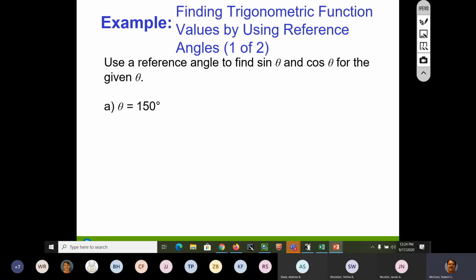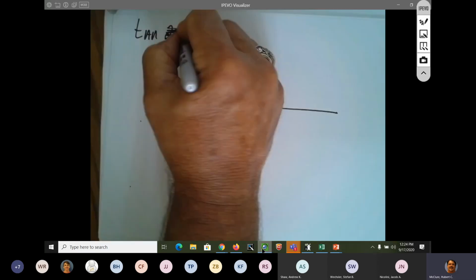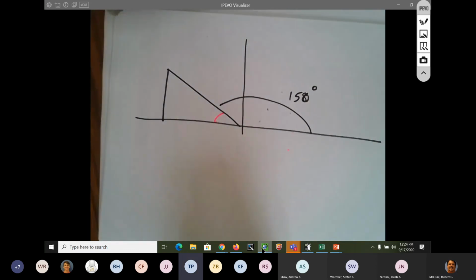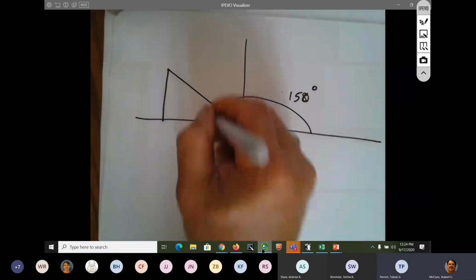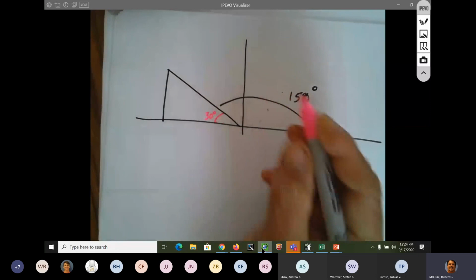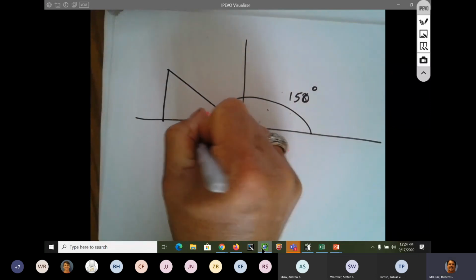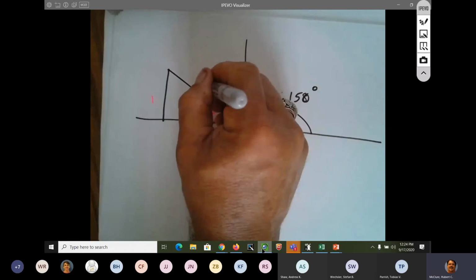If theta is equal to 150 degrees, then what is this angle right here? 30 degrees. So you got your 30-degree special angle, which is square root of 3, 1, and 2.